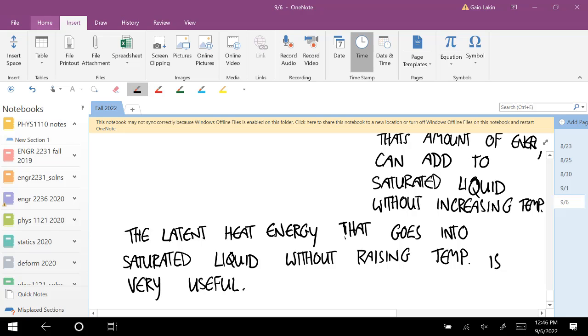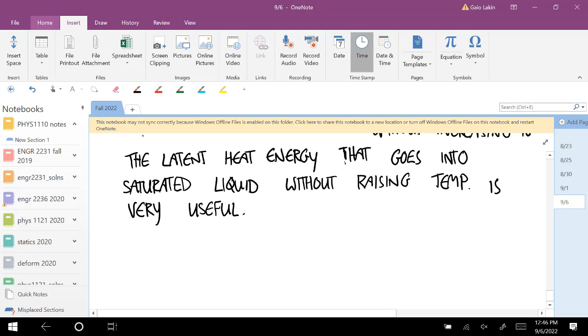So to explain that, notice that the way that we are going to add internal energy to a material is often going to be through heat, okay? Like you'll light a fire under something or whatever. You have an outside source of energy that has a higher temperature than your material, okay?